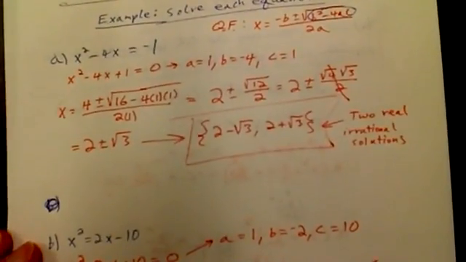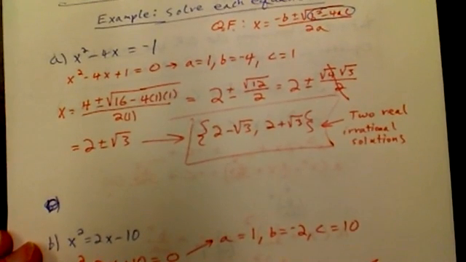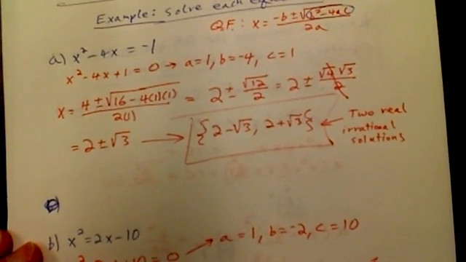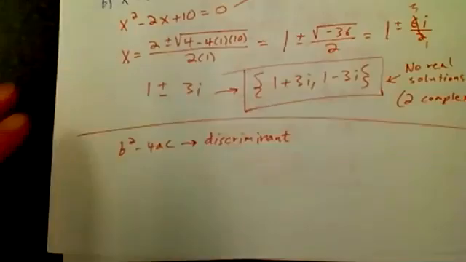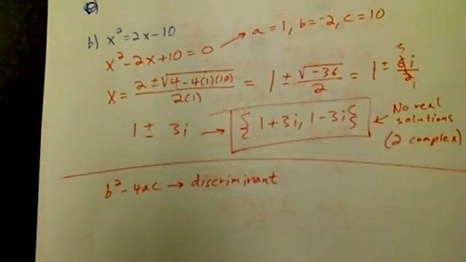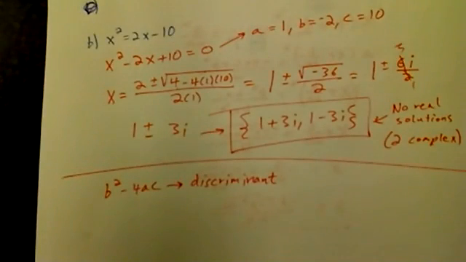Notice that the thing under the square root determines if we're going to have two real solutions, or two solutions that are complex, so we get imaginary stuff if it's negative underneath there.